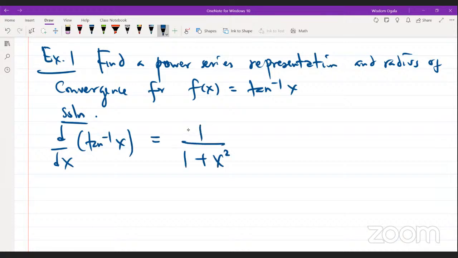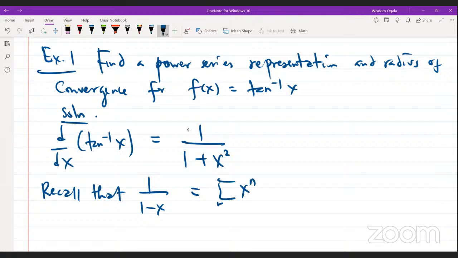But I think we didn't do that in one of my previous examples. Recall that 1 over 1 minus x is this. We always build from the basics, right?